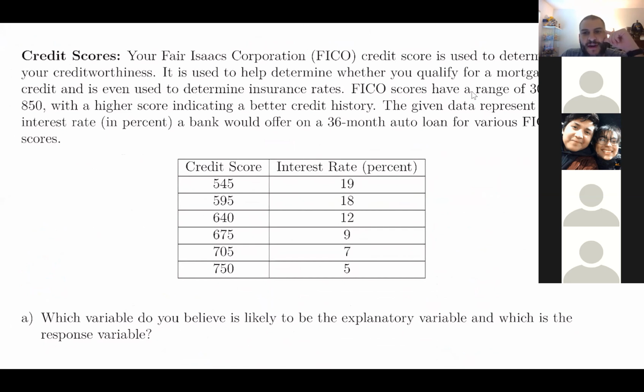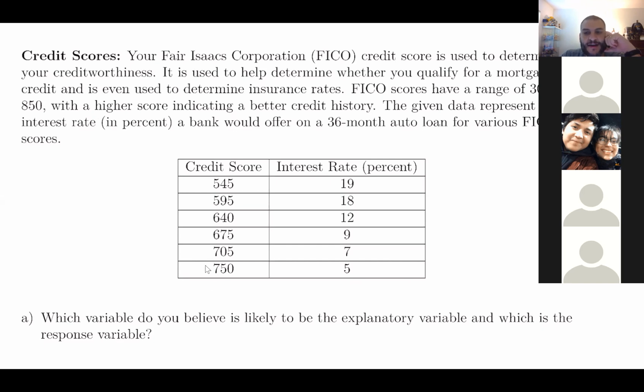FICO scores have a range of 300 to 850, with a higher score indicating a better credit history. The given data represent the interest rate in percent a bank will offer on a 36-month auto loan for various FICO scores. Cool. All right, so these are your credit scores.